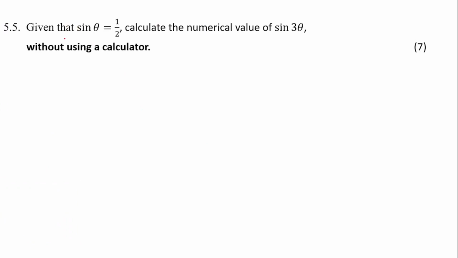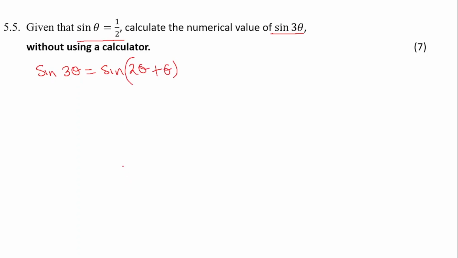Right, 5.5, given that sine theta is equal to 1/2, calculate sine 3 theta. So it means we must have an expression where we have sine theta. Right, so sine 3 theta can be written as sine 2 theta plus theta, isn't it?